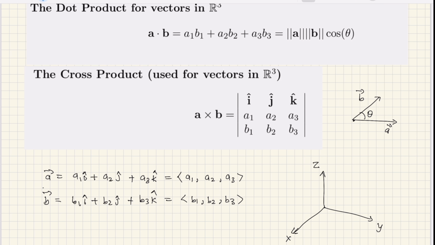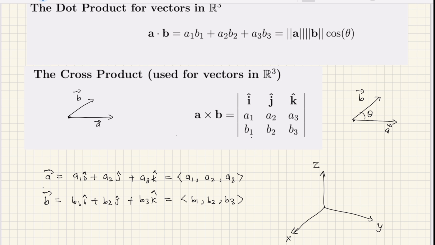And how about the cross product? Let's say this is my vector A and this is my vector B. The cross product of vector A and vector B is given by this expression. Basically you have the determinant with i, j, k as your first row, then the components of A as the second row and the components of B as the third row.